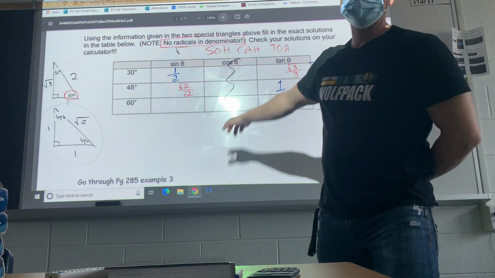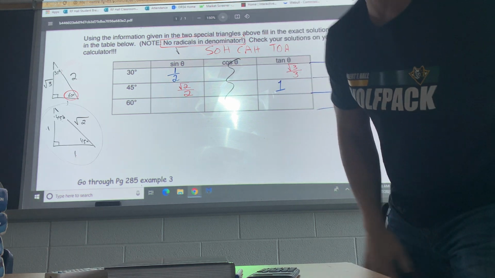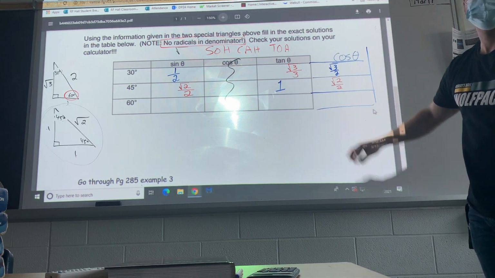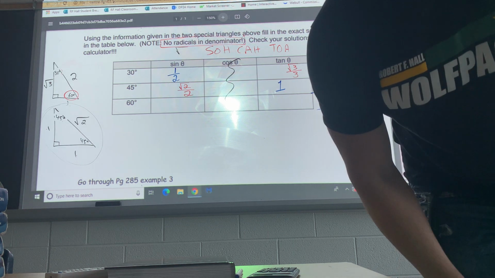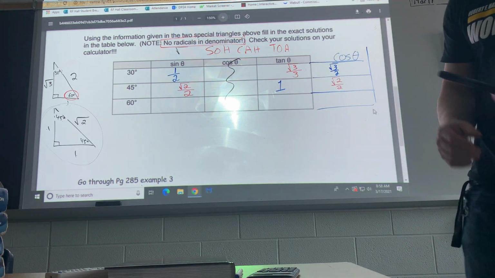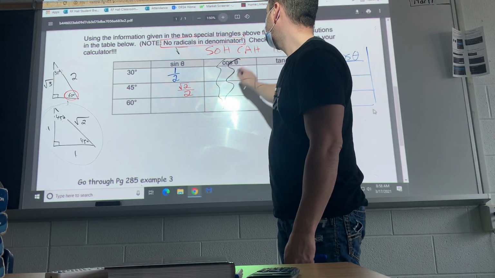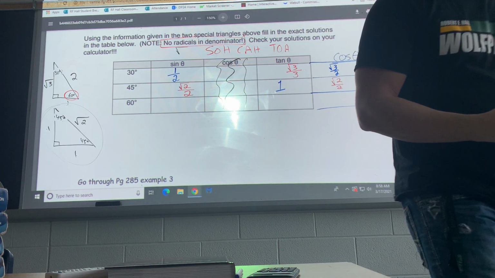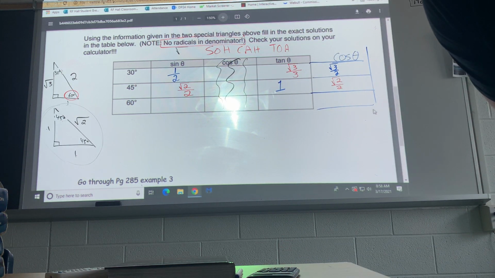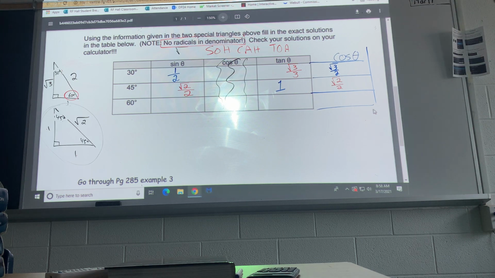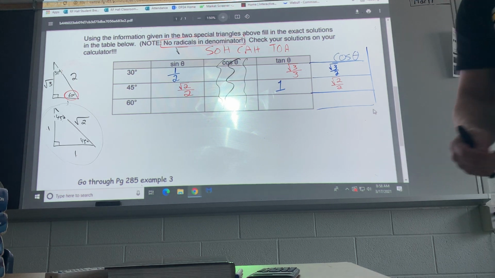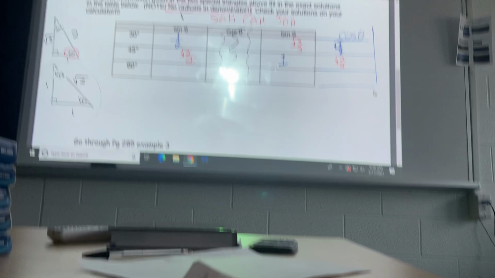Yeah, I took out the cos, Deborah. So cos is on the side here. I just put a squiggle line through it. Oh, over here. Let's see if I can recenter this.